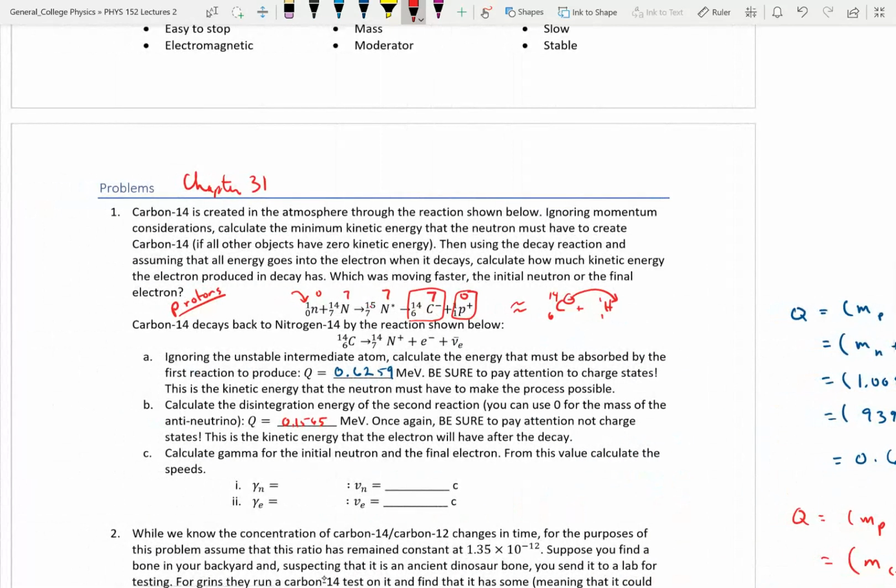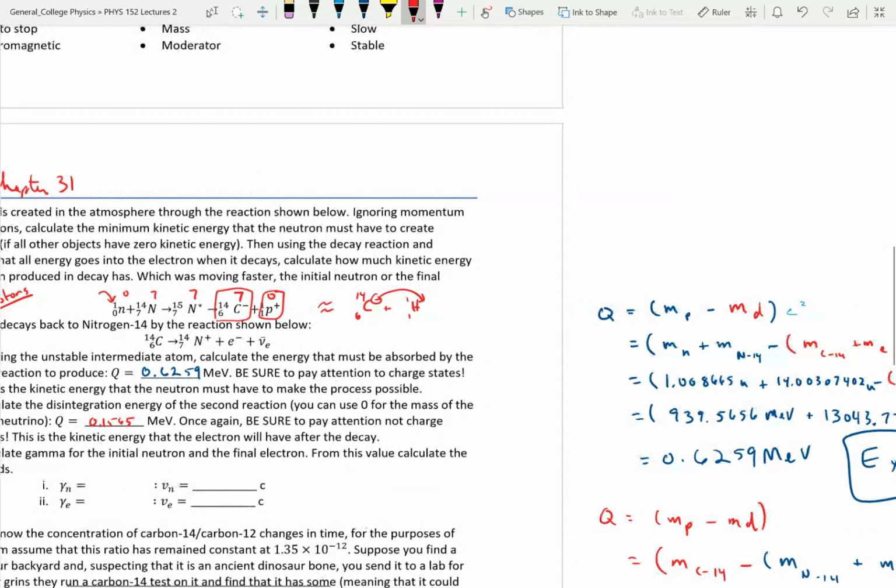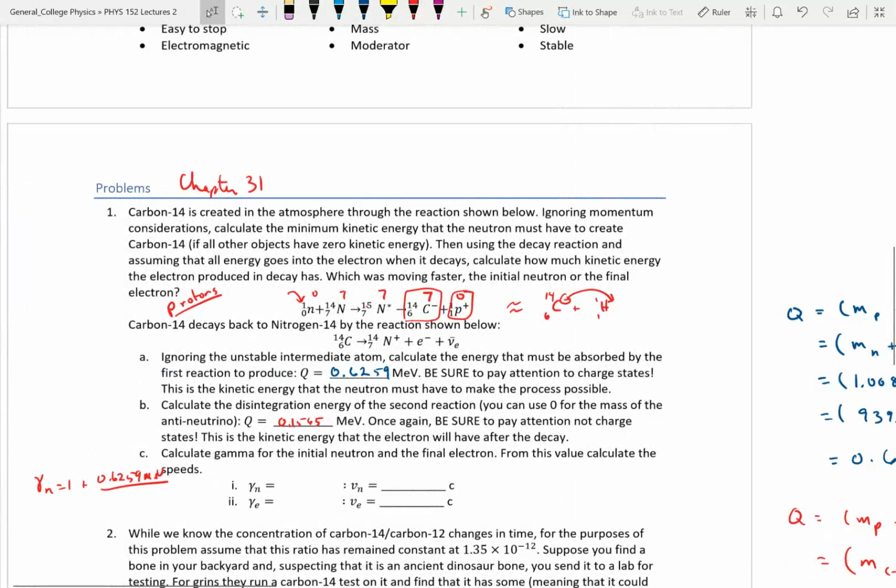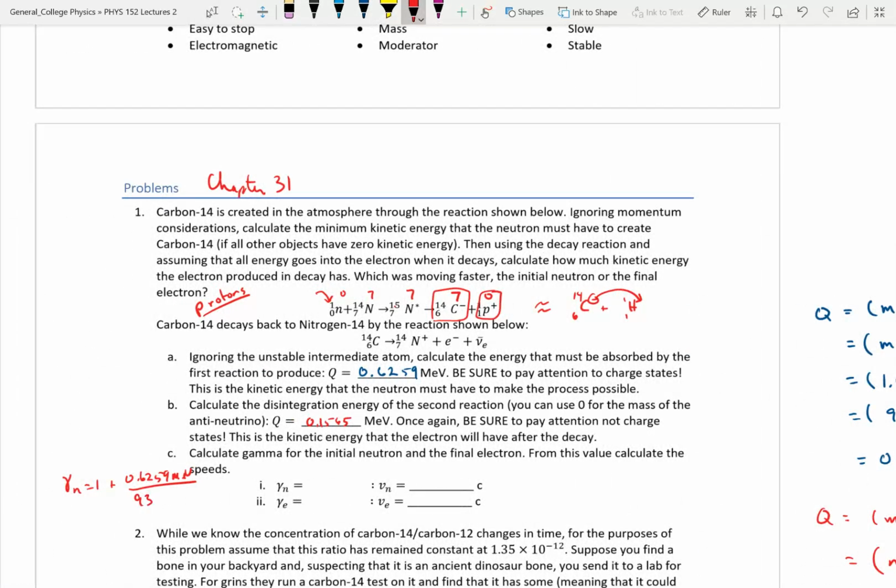So for the neutron, 1 plus the kinetic energy, which is 0.629 MeV, divided by 939.56.